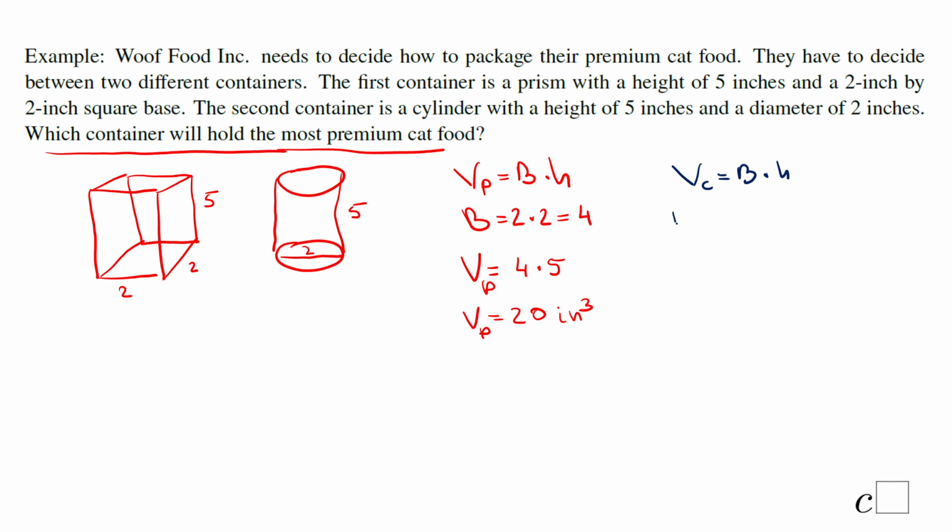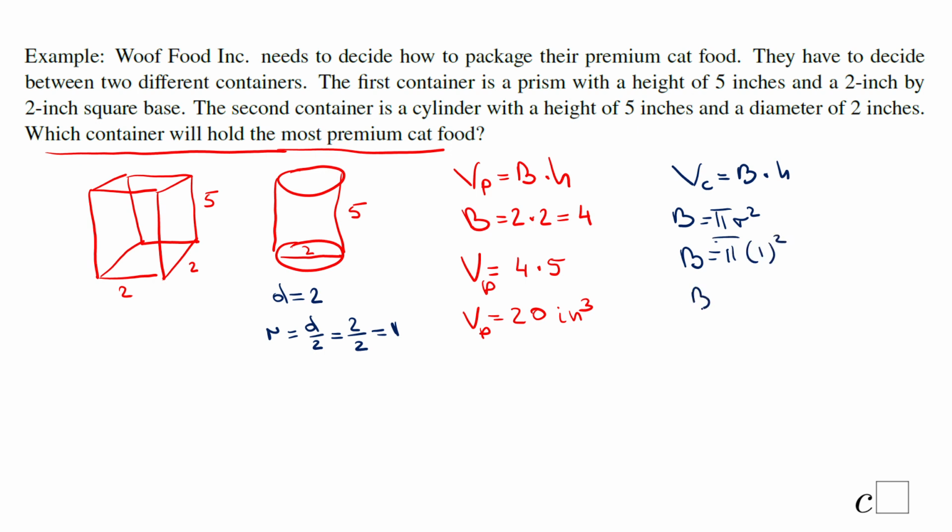The only difference, the base here is a circle. We have pi r square. Okay, how much is the radius? If you remember, this is the diameter, and the diameter is 2. The radius will be half of this diameter. And that will be 1 inch. So we're going to have here pi times 1 square, which is 1.